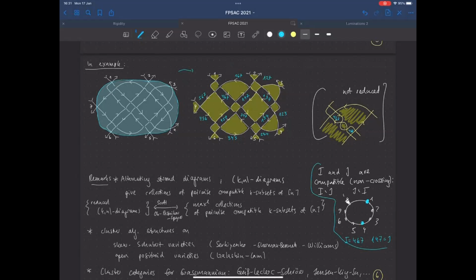And if I look at KN diagrams, what Scott showed is that a reduced KN diagram always gives you a maximal collection of pairwise compatible K subsets of 1 up to N. And that every maximal collection comes from such a diagram is a result of Oh, Postnikov and Speyer.